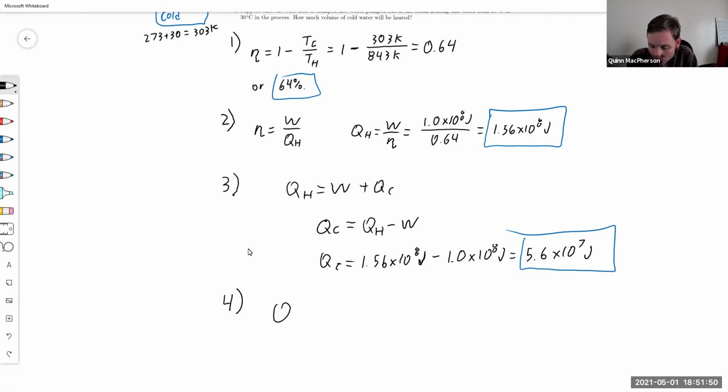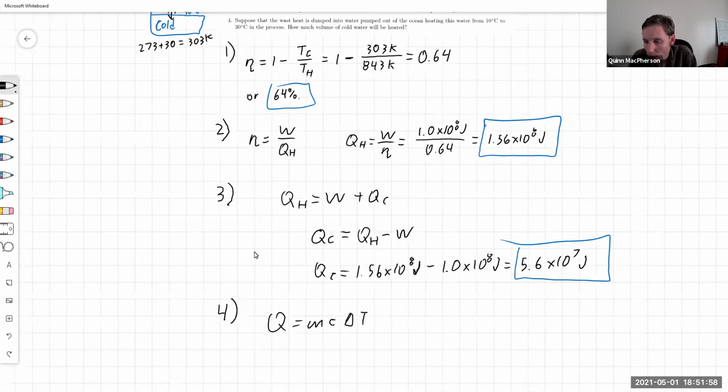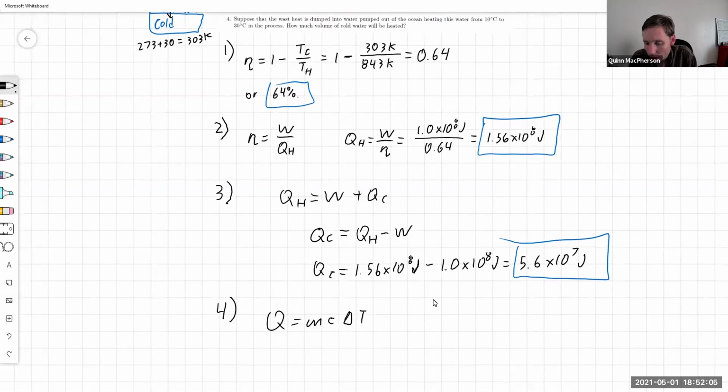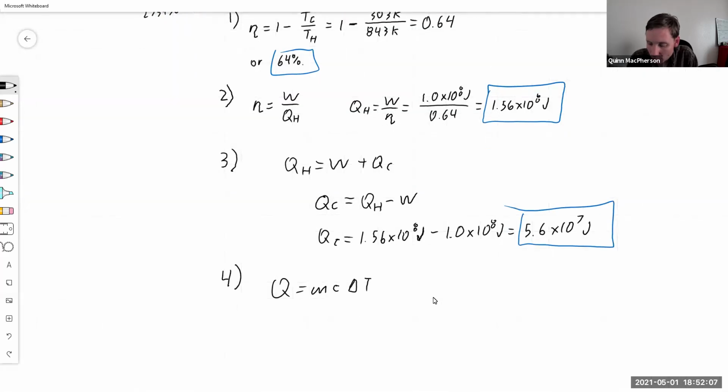Q equals m c delta T, and we're asked what volume of water. So we want to find the volume. Volume is related to mass by density.